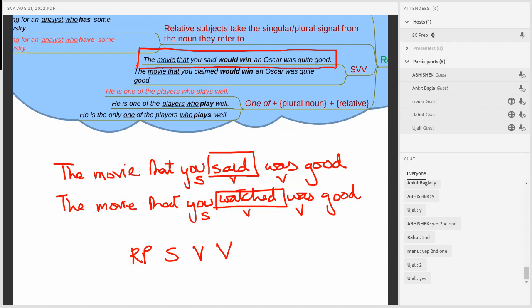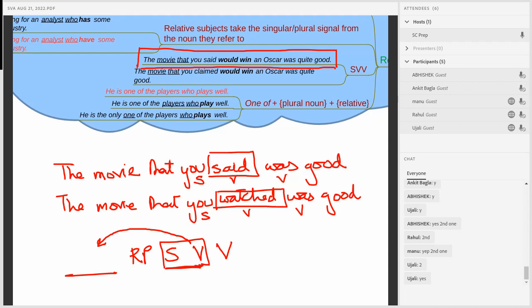Whenever this happens, after a relative pronoun you see a subject and a verb, what you need to do is isolate the first subject verb combination and check whether the verb inside it is capable of working with the noun that the relative pronoun refers to. Is it capable of describing, or being used to describe, that noun?